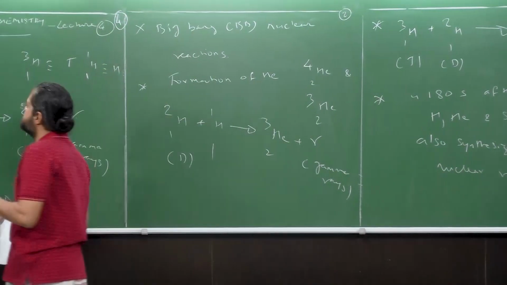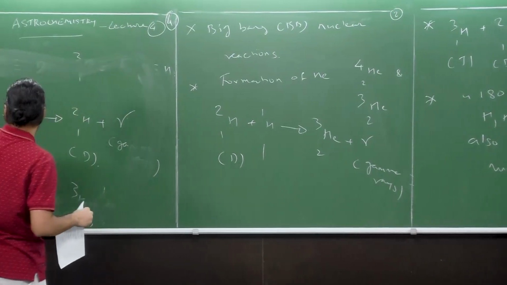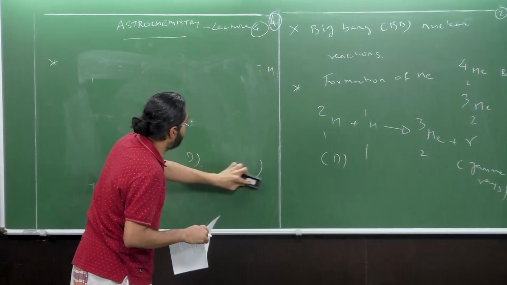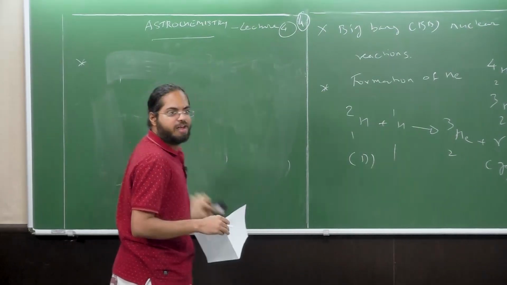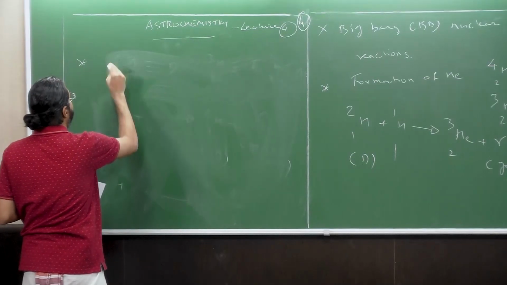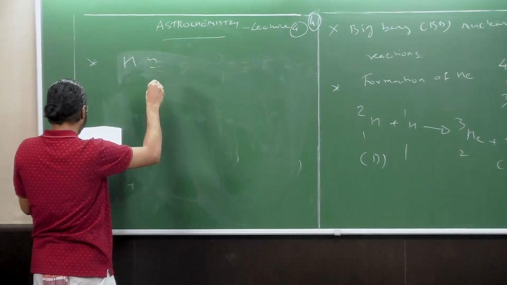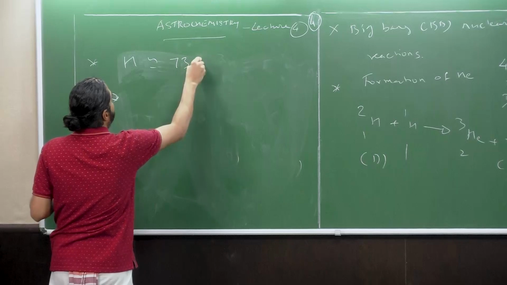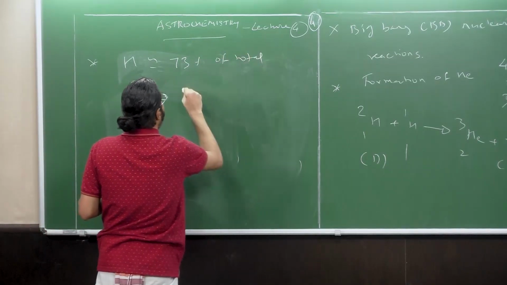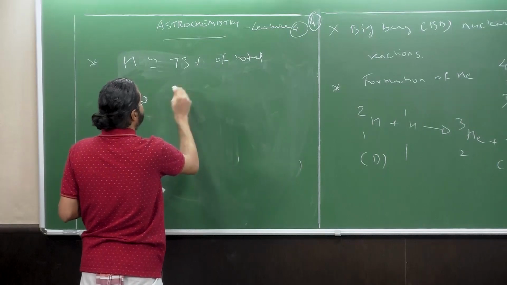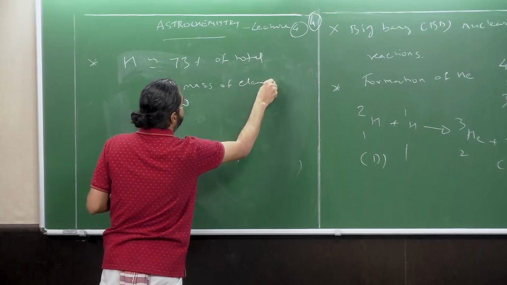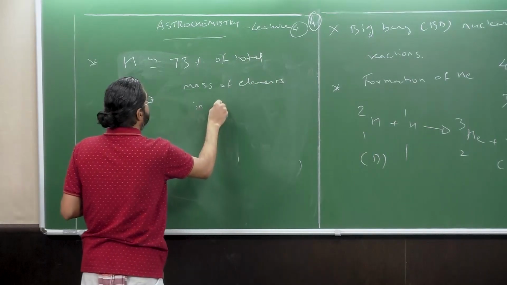Can you guess the percentage of hydrogen and helium present in the universe? Any answers? It turns out that hydrogen constitutes roughly 73% of the total mass of elements in the universe.